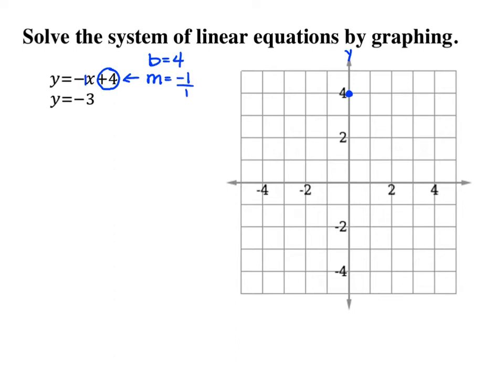That means I go down 1 to the right 1. And I can continue that pattern. I want to put as many points on that graph as I can. And then I'm going to draw in the line to represent that equation.